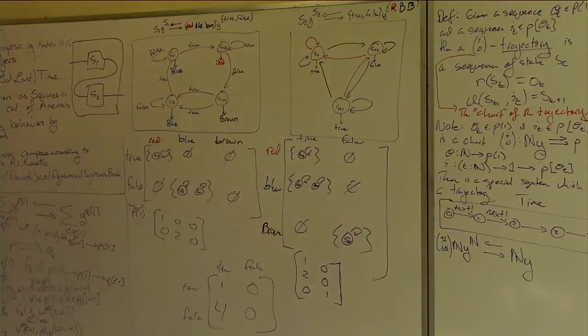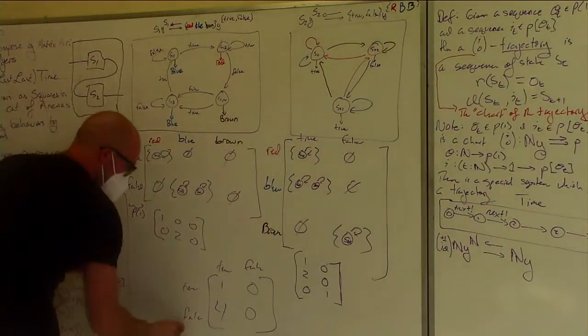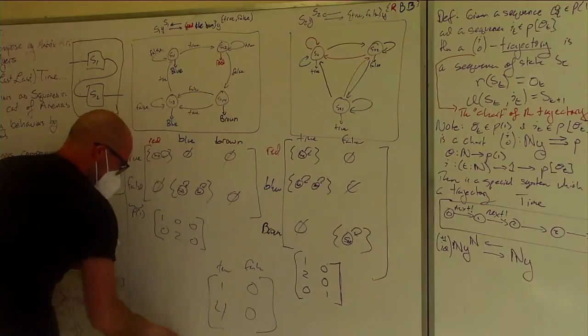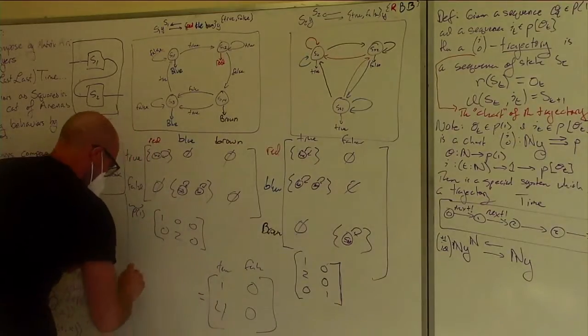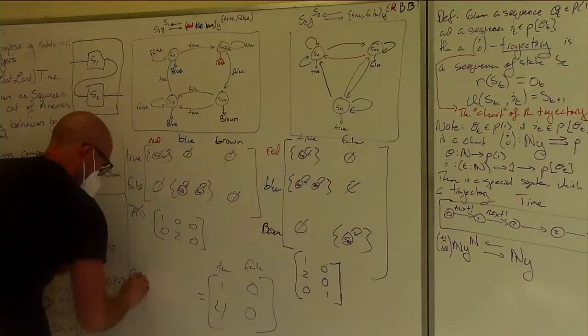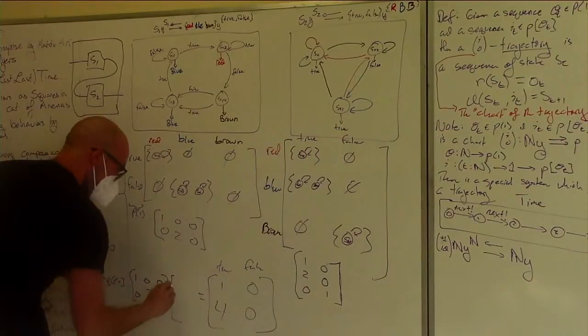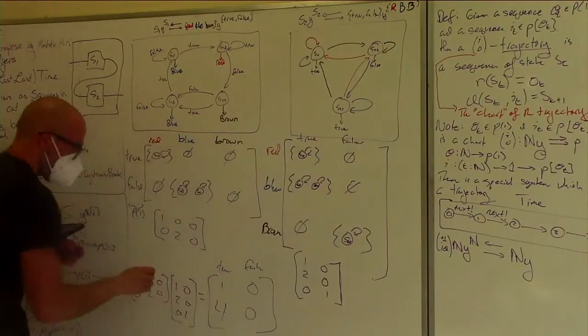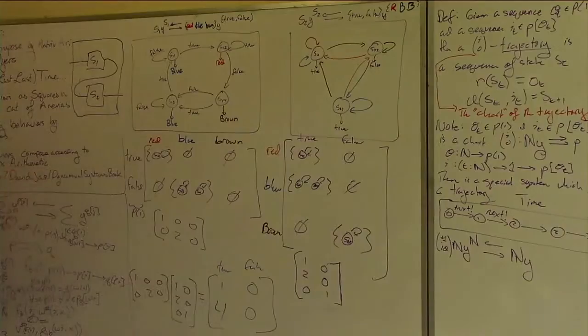And there's one really magical thing you might notice about this matrix, which is, if you're quick on your feet with matrix arithmetic, that this matrix is the product of those two matrices.